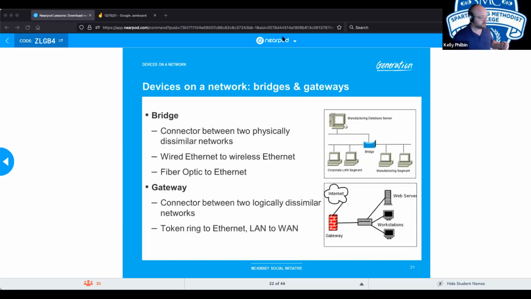Okay, gateway. So remember how we were just talking about the bus, the ring, the star, and the mesh, right? Those are what are considered logical networks. Those are logical topologies. They have a certain way of communicating. If I want to change over from a star to a bus, I need some form of a gateway so that it can change that communication type.